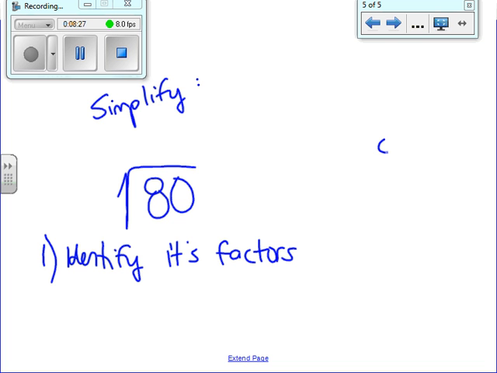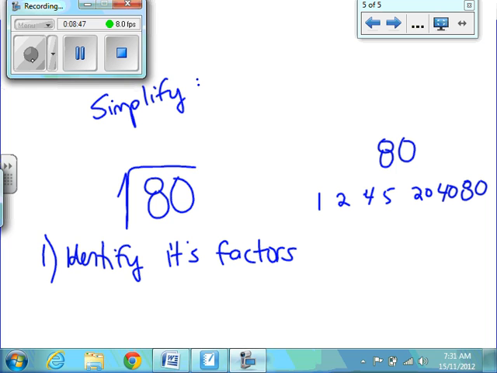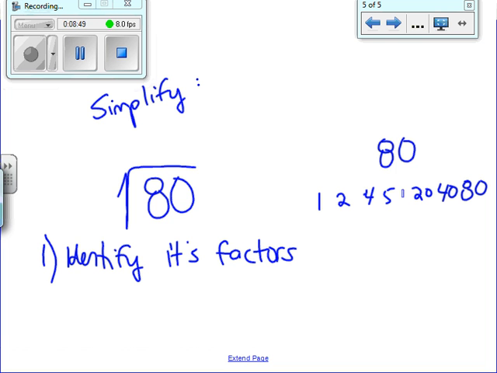So I'm going to write out the factors of 80. I know 1 times 80, 2 times 40, 3 times nothing, 4 times 20, 5 times, what have we got here? Sorry, 5 times 16.